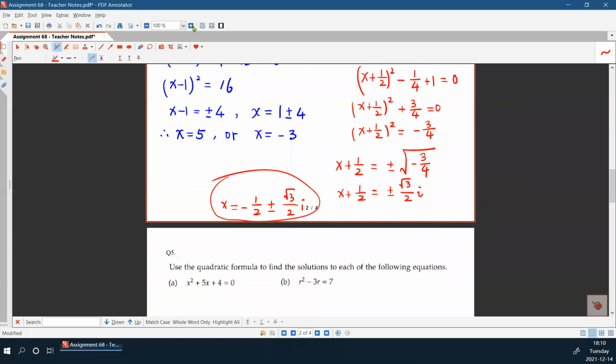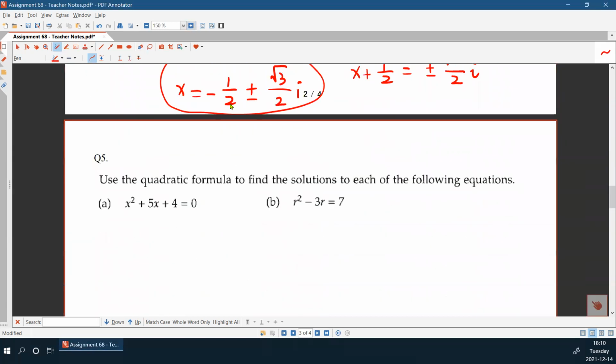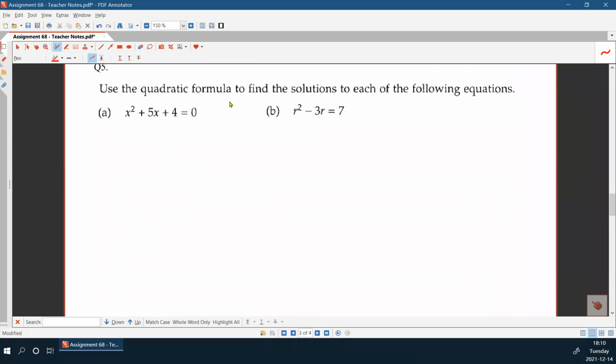Okay, let's have a look at the next one. Use the quadratic formula to find the solutions to each of the following equations. So we can directly use the quadratic formula here. And if you're not familiar with that formula, I strongly recommend you explicitly list all the coefficients.